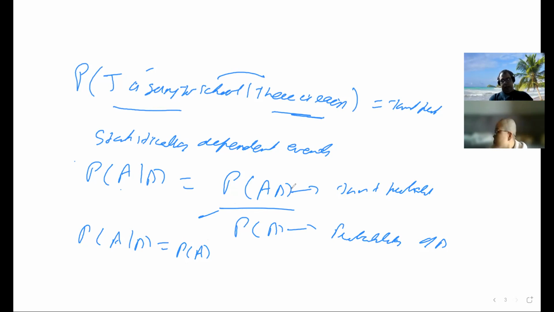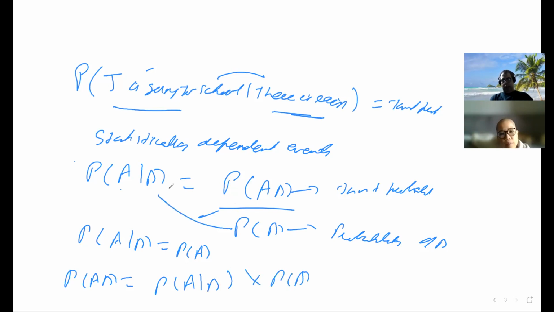So in that case, how will we find the joint probability? PAB equals PA given B, into PB. When I am saying the probability of A given B is equal to PAB upon PB, then we can actually find PAB also.